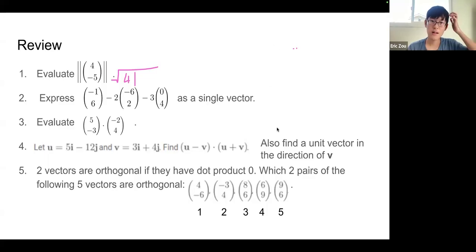Alright, question 2. Ifan, what's the answer to number 2? Alright, let me ask someone else then.